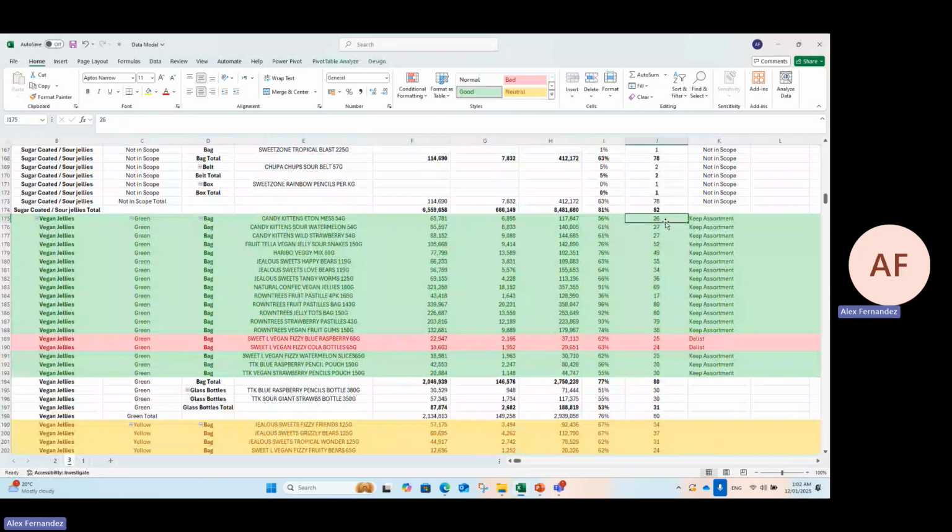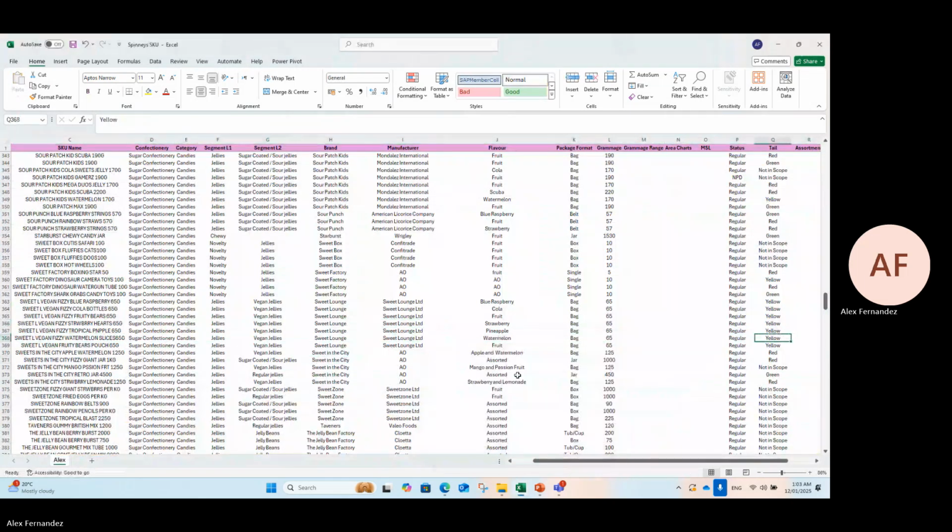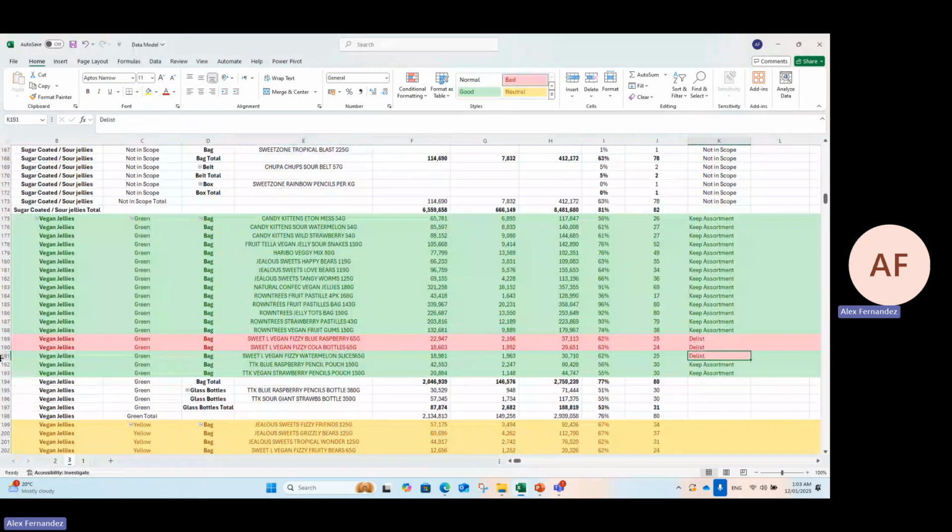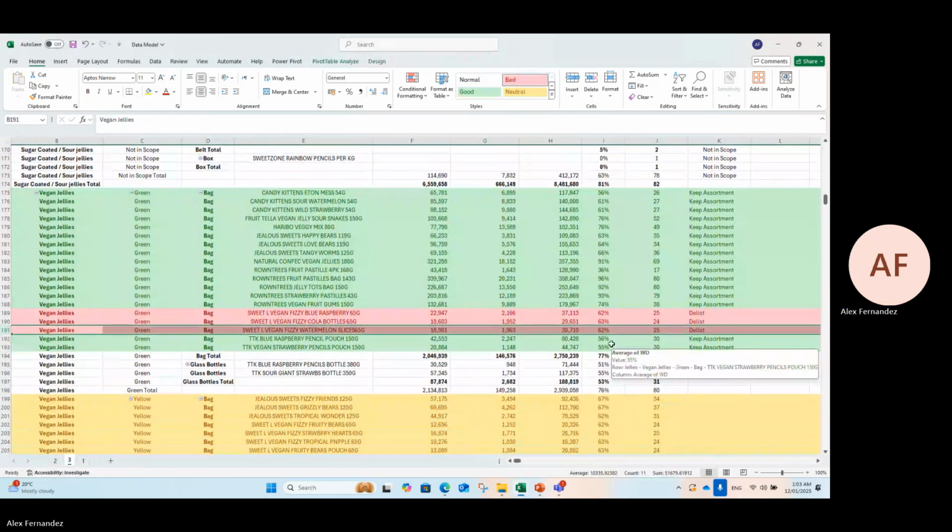So, for example, this has been sold in 26 stores, almost 56% weighted distribution, but only generates almost 70K. This one, higher WD, and only generates 20K. So these are definitely SKUs to be delisted. Always remember that if it is to be delisted, it cannot be kept inside a category.